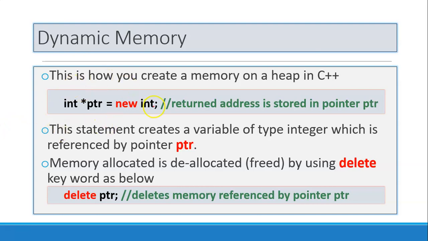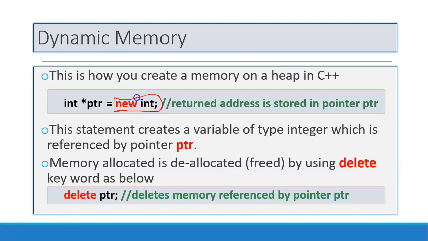So if we want to create a memory on the heap, we use the new keyword. So this statement is going to create a variable for the integer. It's going to create a container for the integer that can be used to store an integer.